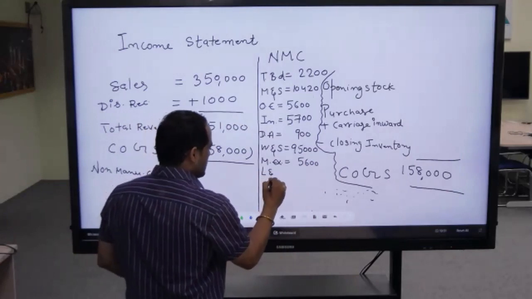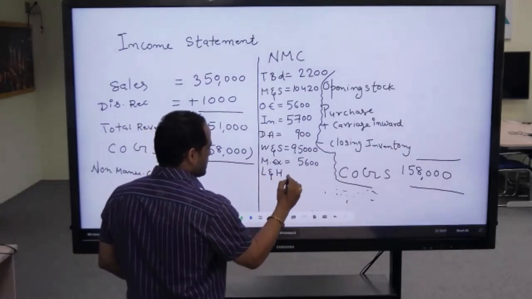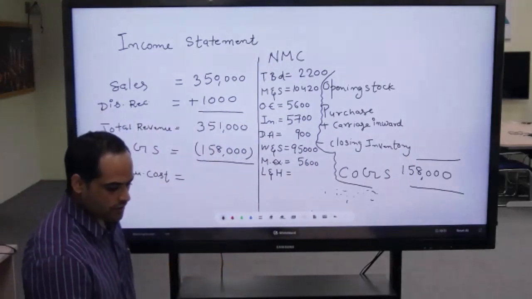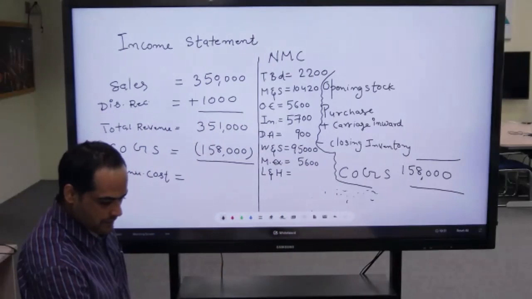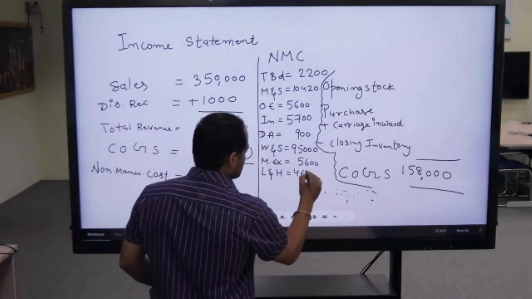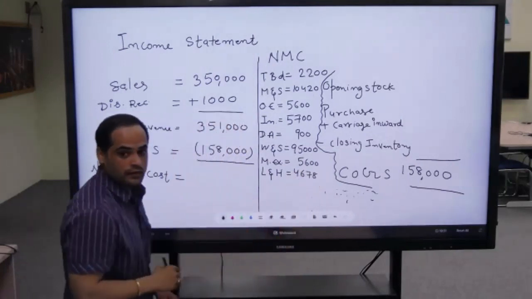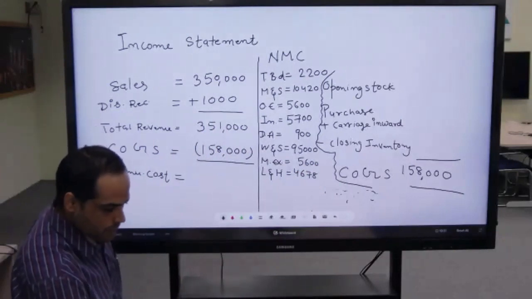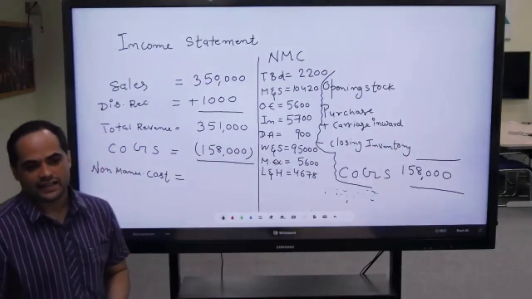How much is your lights and heat expense? 4,678. That's right. 4,678.